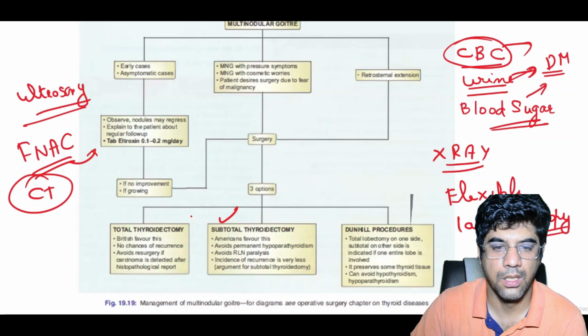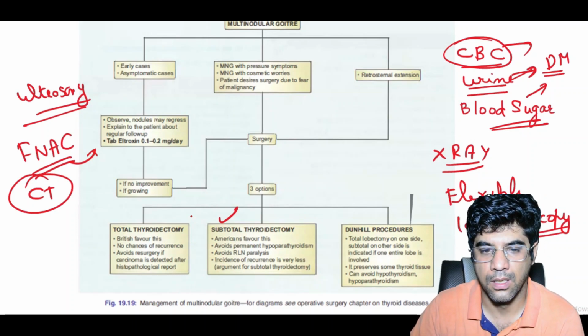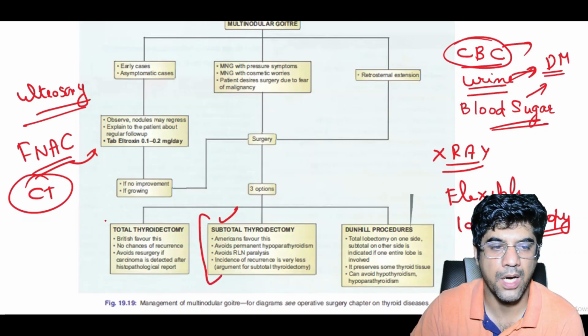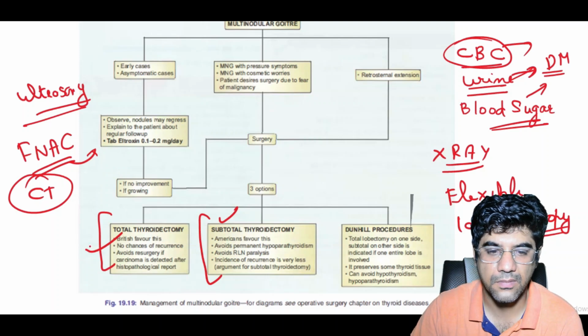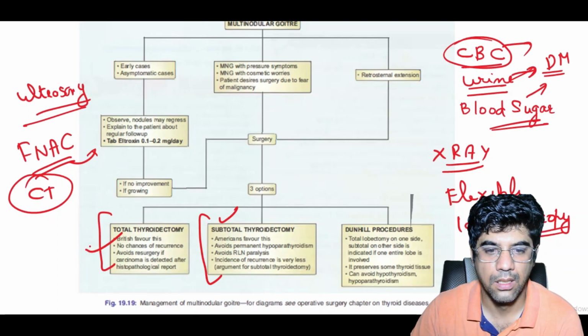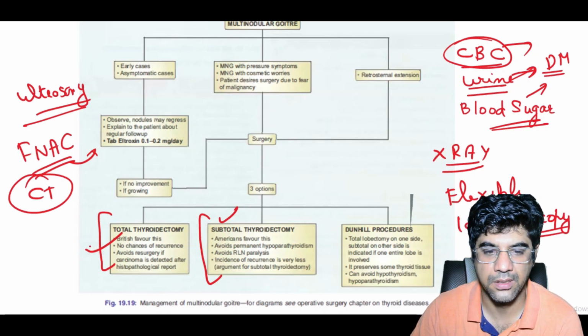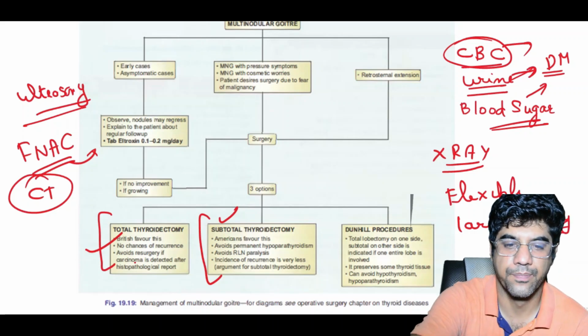High frequency ultrasound is effective in evaluating the thyroid nodules and detecting malignancy. FNAC can be done in order to diagnose any malignancy. CT scan, when there are large nodules with retrosternal extension, you can do a CT scan.